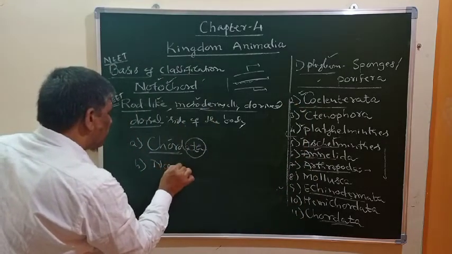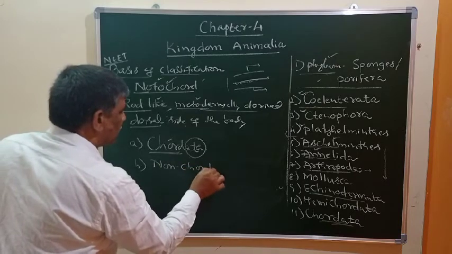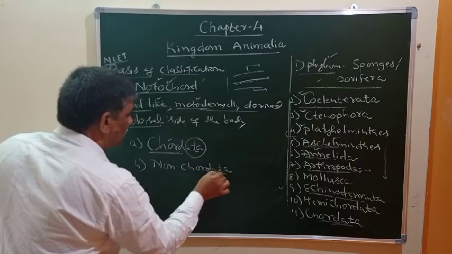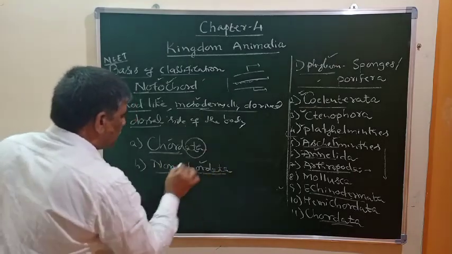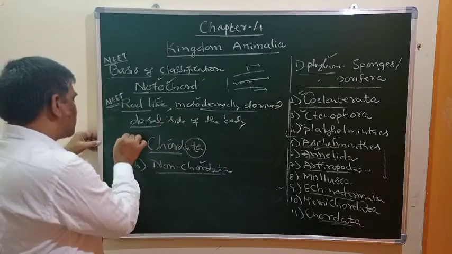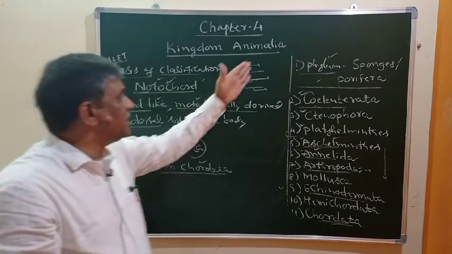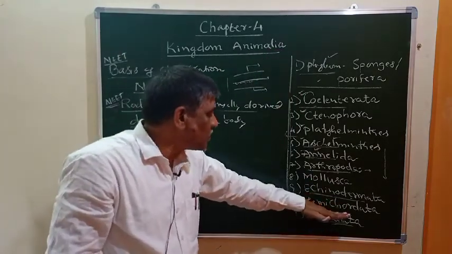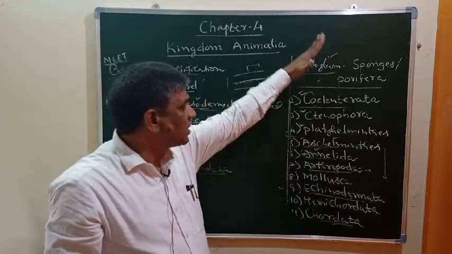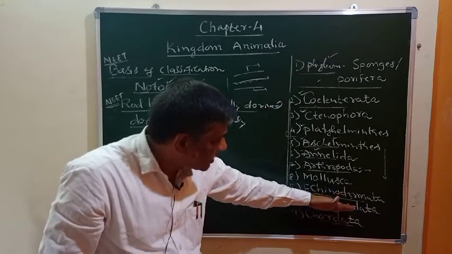Therefore they are all called non-chordata. So based on the presence or absence of notochord, we can divide these animals into two major groups: non-chordata and chordata.